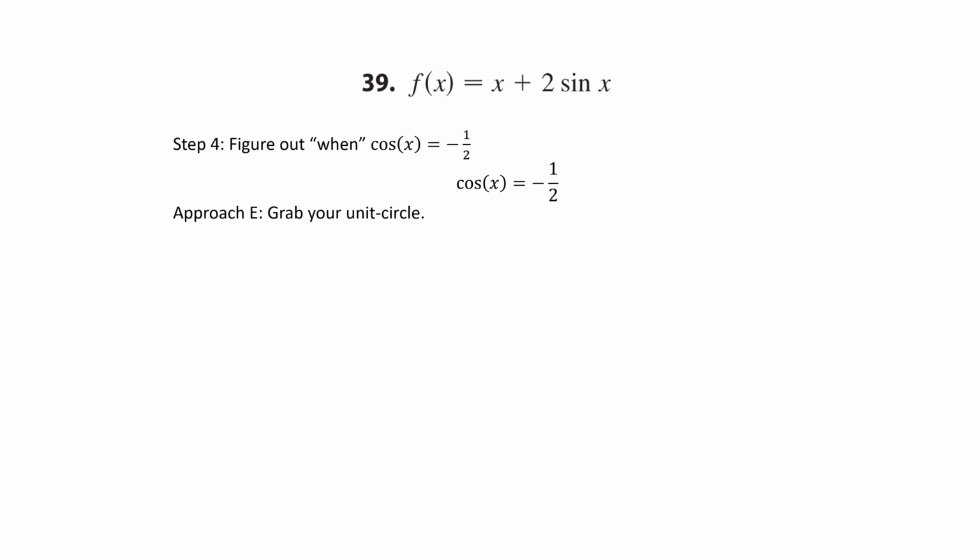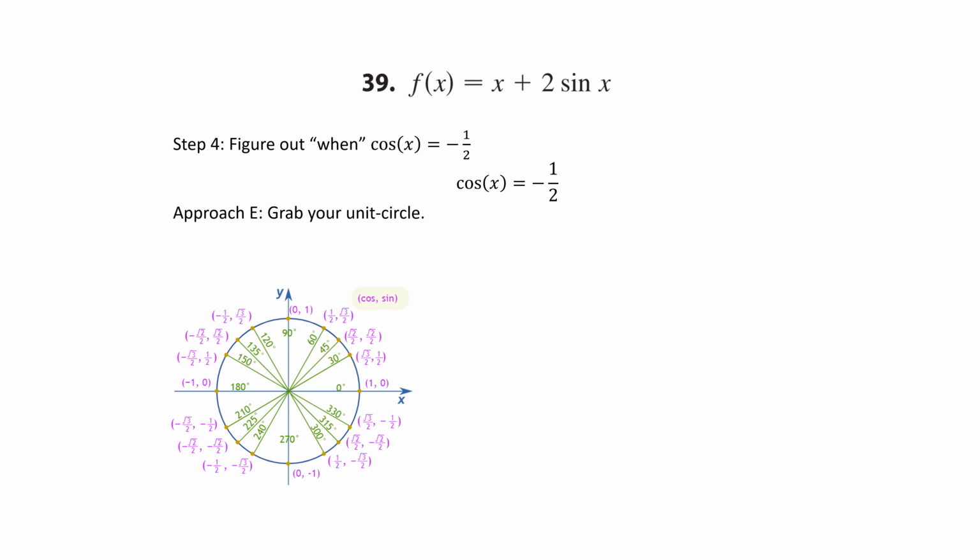So now the next question is to figure out when cos x is going to be equal to negative 1/2. The easiest approach, what I'll call approach E, is you just grab your unit circle. This is just a random unit circle I got off the internet. Here, you'll see that the first digit there is the cosine value. So if we look for negative 1/2, where do we see negative 1/2 on this unit circle?